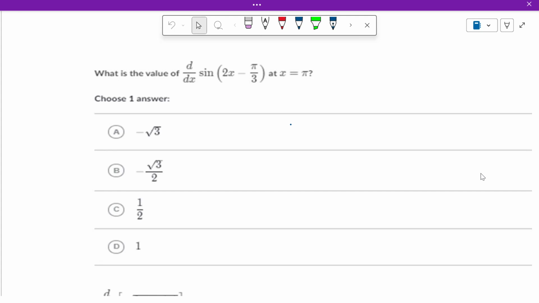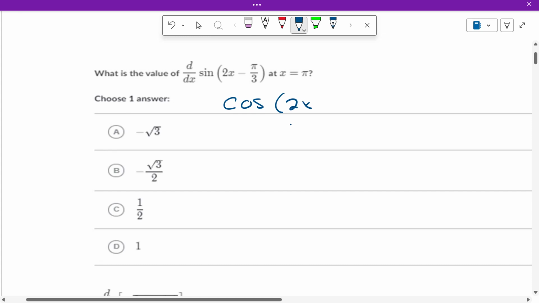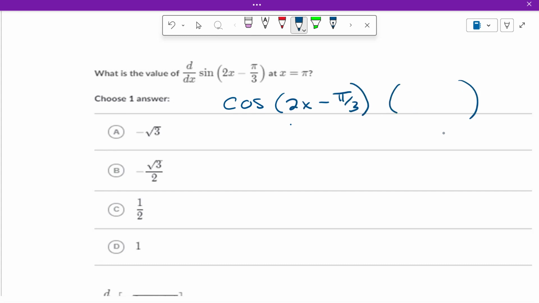Or we could do it the right way. What's the first derivative of sine? It is the cosine of 2x minus pi over 3 times the first derivative of the inside, which is 2. And it says at pi, so we throw a pi in there.